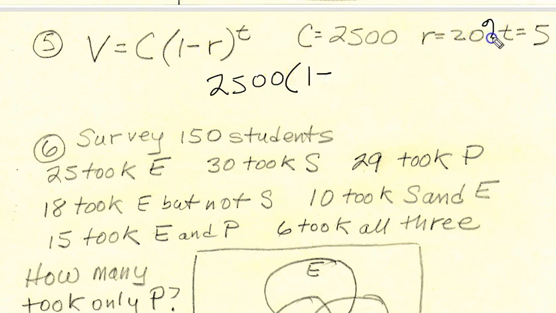Now, this is a rate of 20%. We have to convert that to a decimal fraction, 0.20. And then t is our exponent, caret 5. So give that a try and see what you get when you do that. And I get $819, and rounding it off to 20 cents.